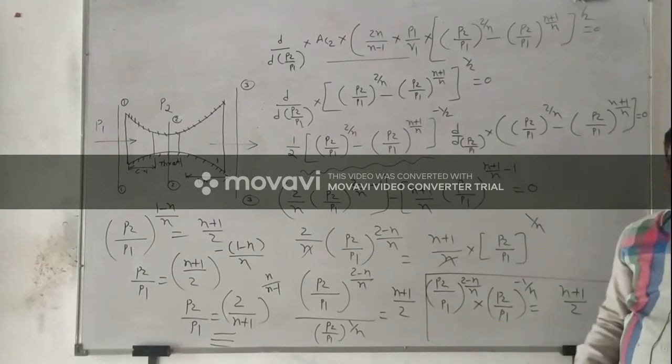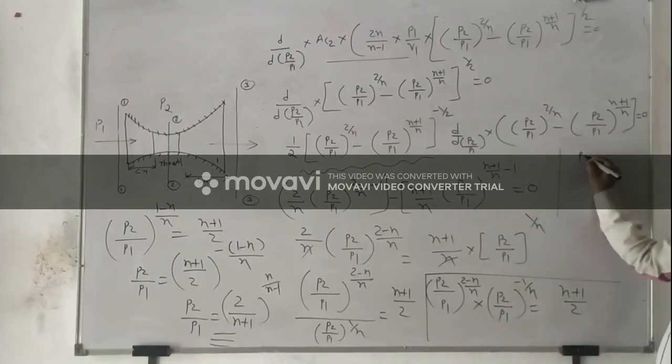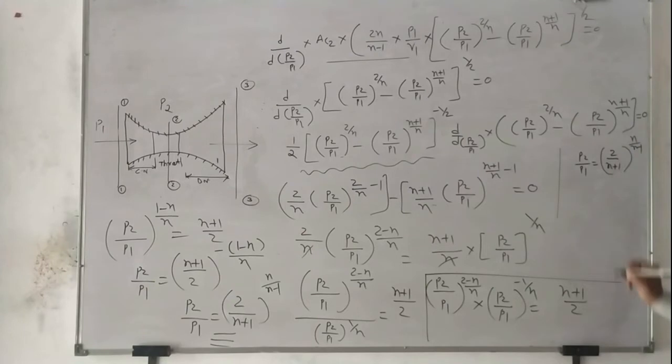So after this also we can directly write down, no doubt. After directly we can also write P2 upon P1 is equal to 2 upon n plus 1 to the power n upon n minus 1.